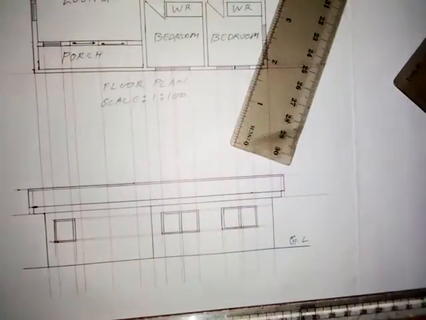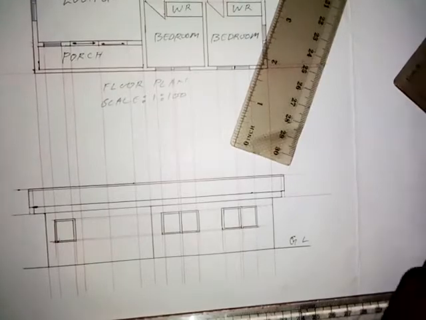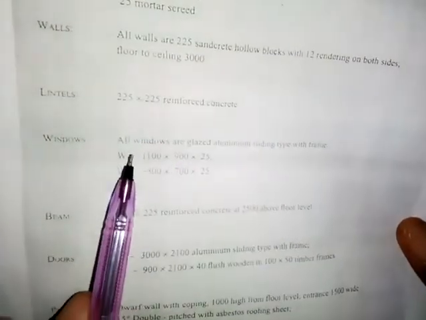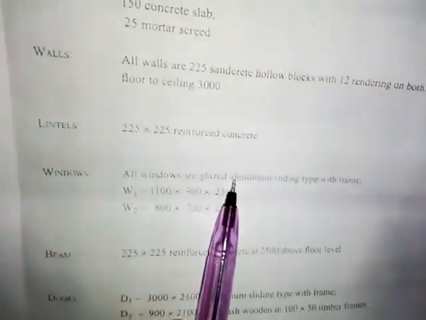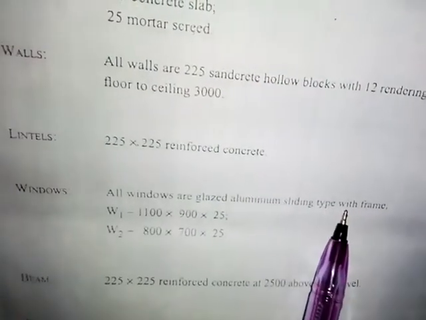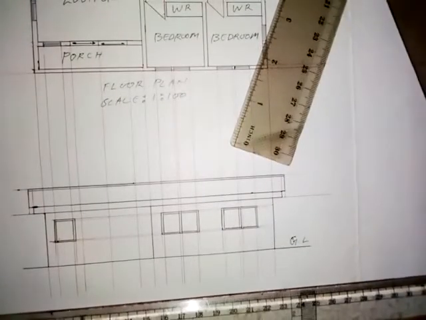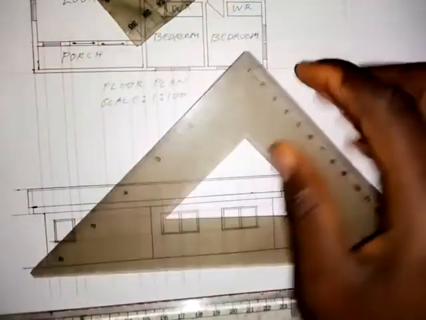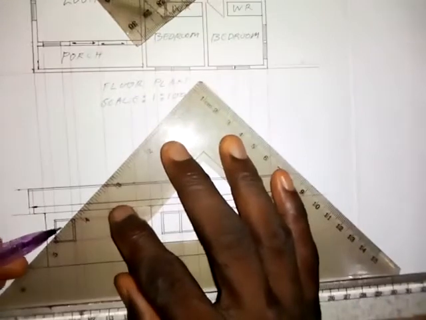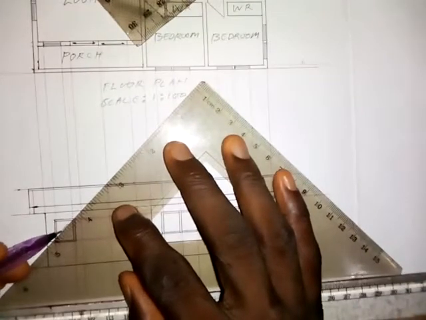Alright, so let's look at the type of window that we have here. As we have here, all windows are glazed aluminum sliding type with frame. I just need to show that this is glass.